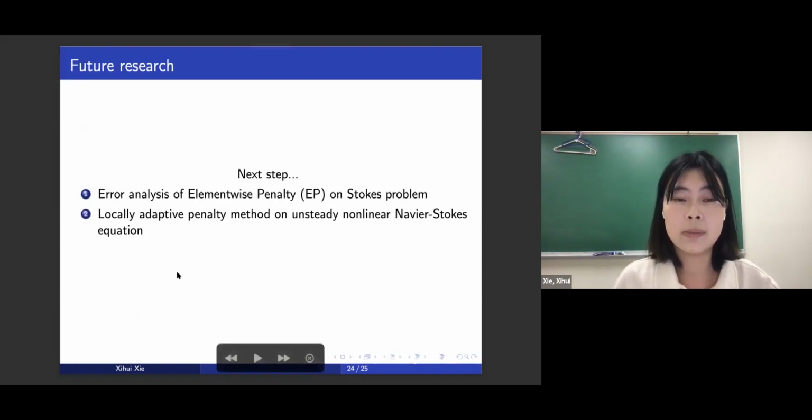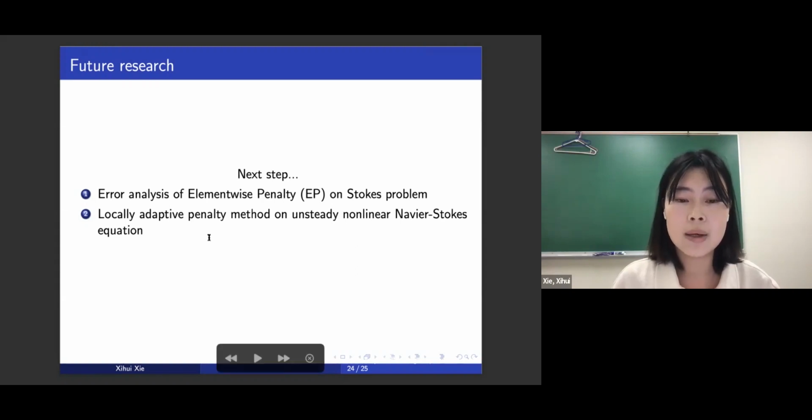And here are some possible future directions. We can also do the error analysis of element-wise penalty on the Stokes problem. And we also want to study the locally adaptive penalty for the unsteady nonlinear Navier-Stokes equation.